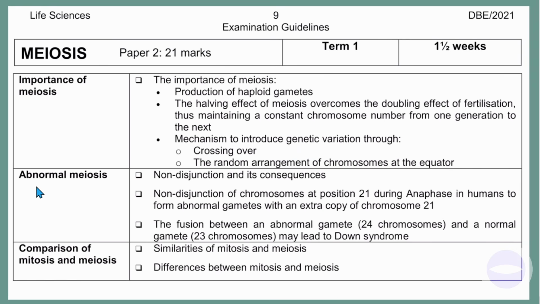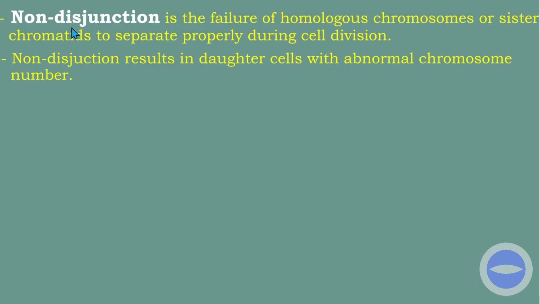And then we have something called abnormal meiosis. With abnormal meiosis, there is non-disjunction and its consequences. Non-disjunction is the failure of homologous chromosomes or sister chromatids to separate properly during cell division. As we go through cell division, there are some processes where chromosomes must separate.